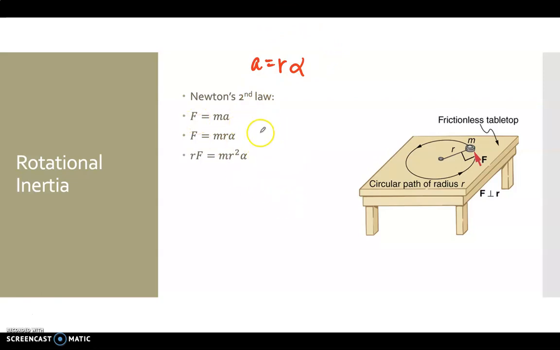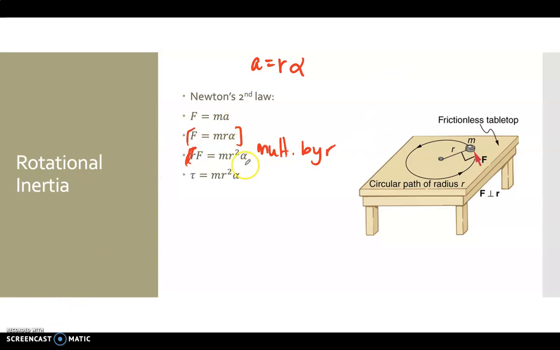Now we can multiply both sides, so we multiply by r on both sides of this equation, or I'm sorry, really of the one above.